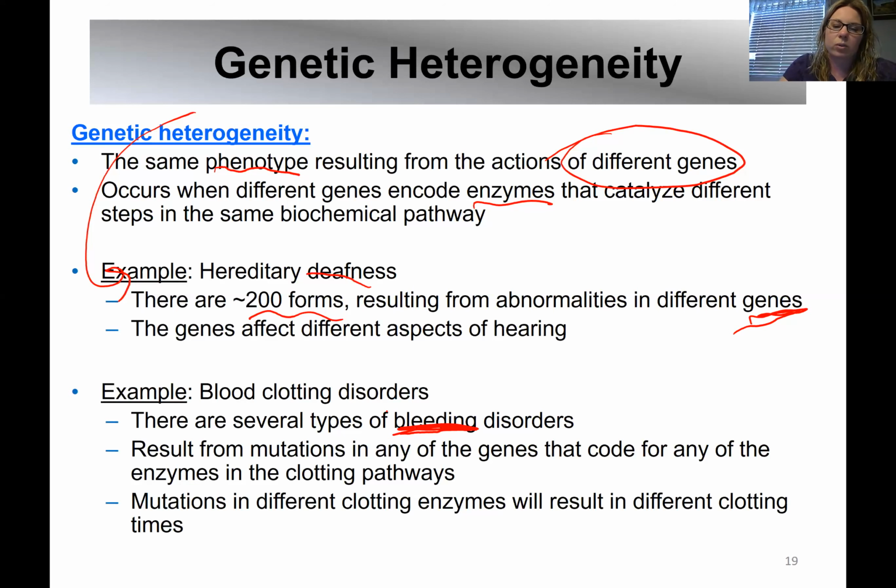But bleeding disorders can be caused from mutations in several different enzymes, which are proteins, that can result in the lack of the ability to clot. So there's several genes that could cause a clotting disorder if they have the mutant allele.